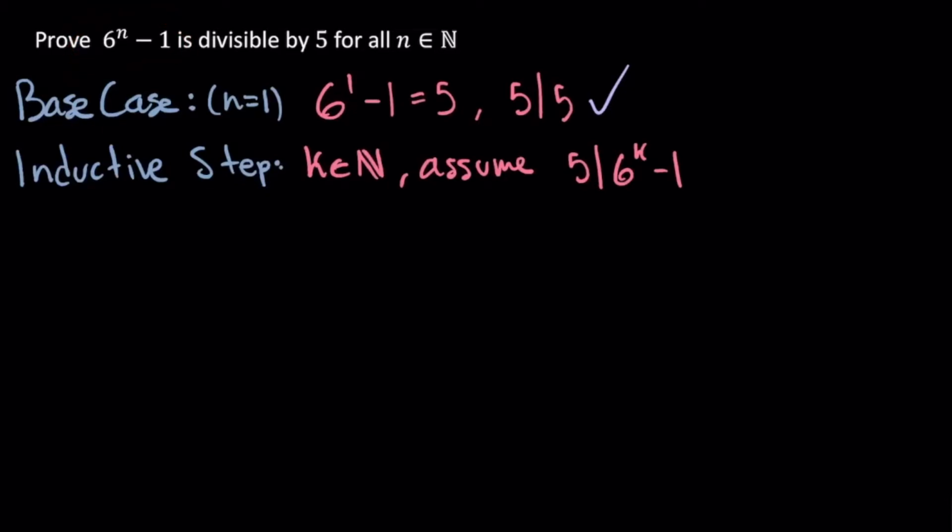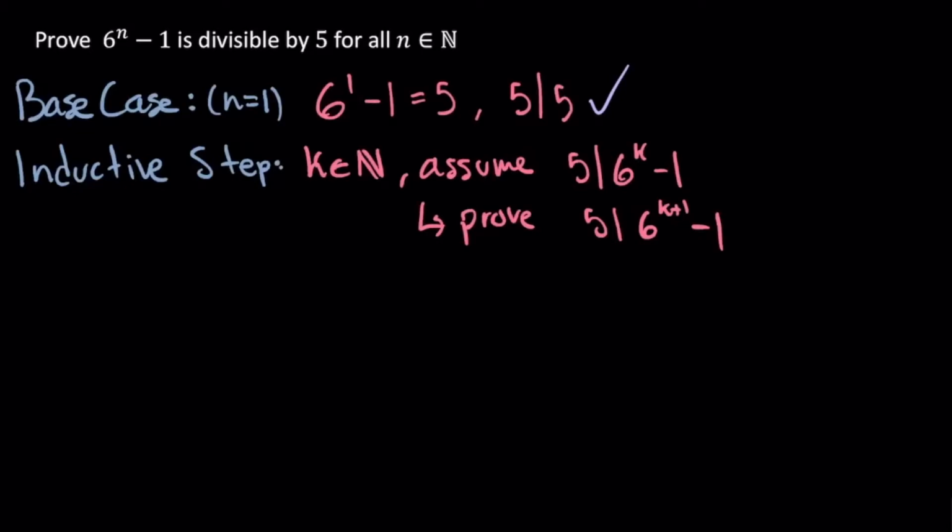And now our goal is to prove that 5 is divisible by 6^(k+1) minus 1 using this assumption here, which is the inductive hypothesis, and this here is our inductive conclusion. So let's go on now to prove this.